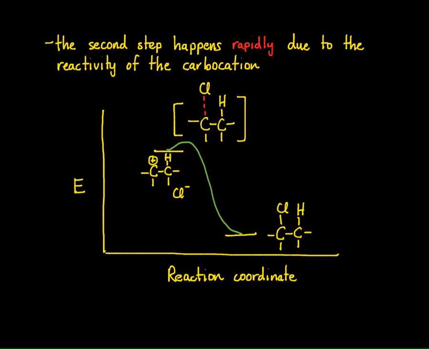As chloride comes and donates its electrons, it's losing some of its negative charge, so it doesn't have a full negative charge, it has a partial negative charge. And the carbocation is losing its positive charge. It becomes neutral, and therefore it's now only a partial positive charge. That's how we demonstrate the transition state of this second step.